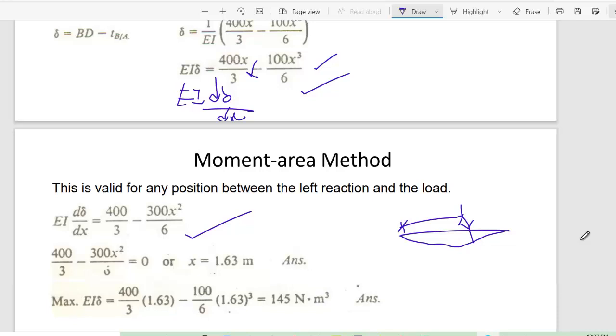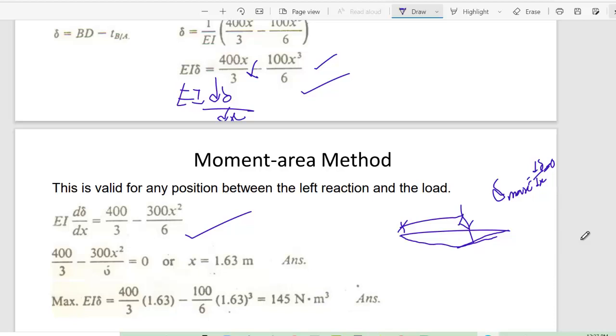We know that where the deflection is maximum, there d delta by dx should be 0. Do you remember from the double integration technique we used to discuss that the slope of the curve should be 0, like the tangent being a straight line?